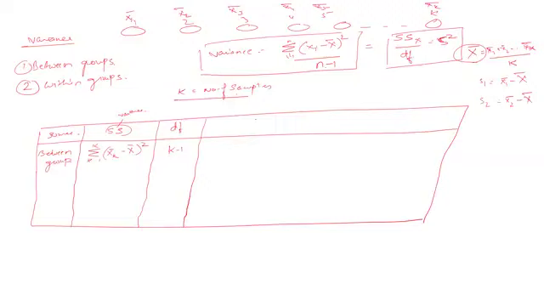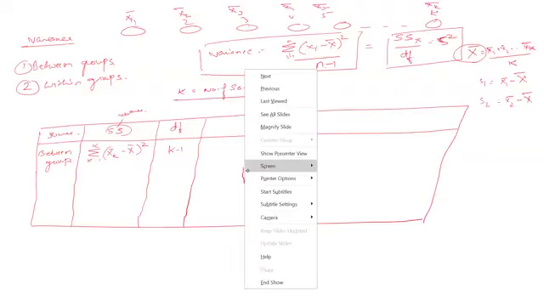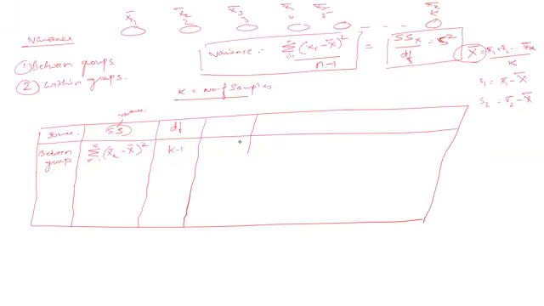Now we'll talk about variance, or what we also call MSS, mean sum of squared, or we can simply call it variance. So what is the formula of variance? It is the sum of squared divided by degrees of freedom, right?